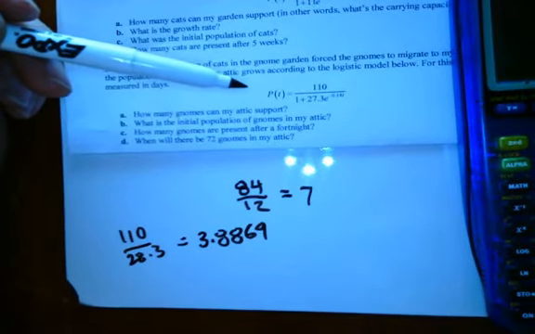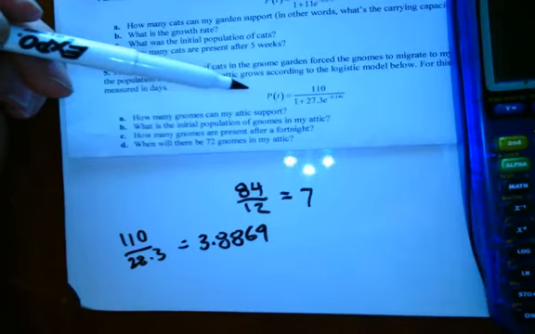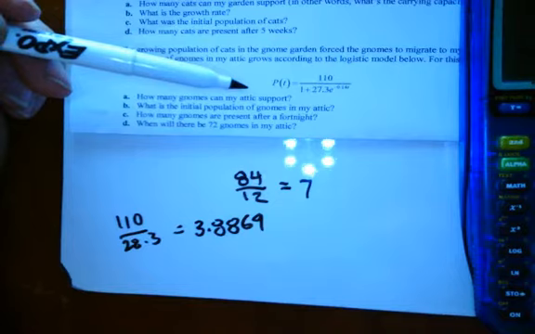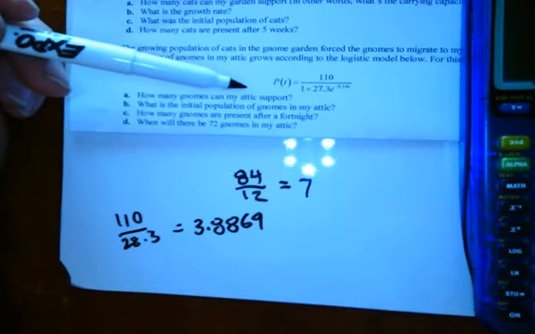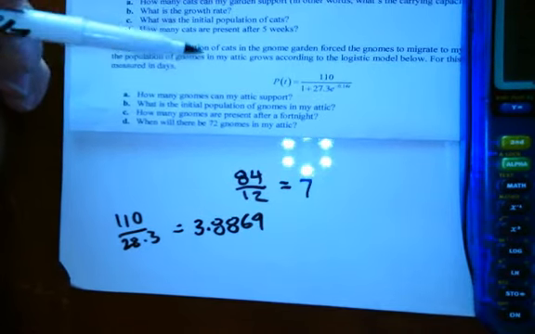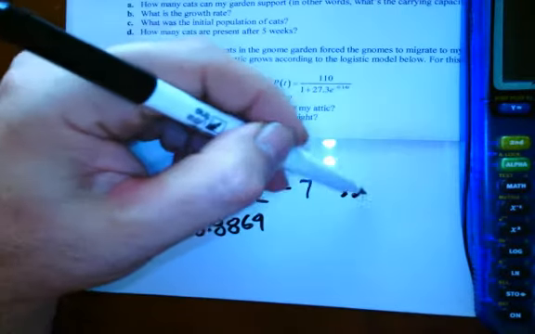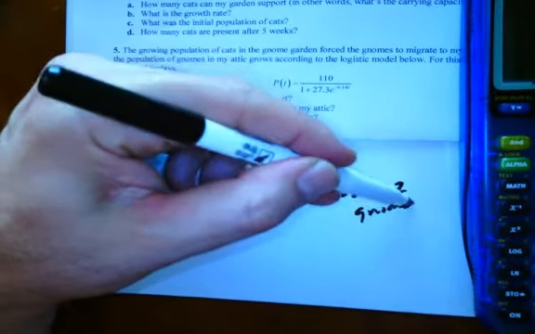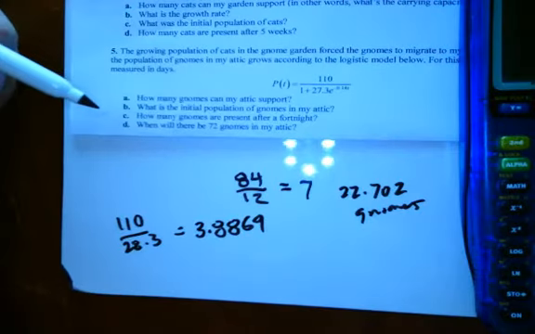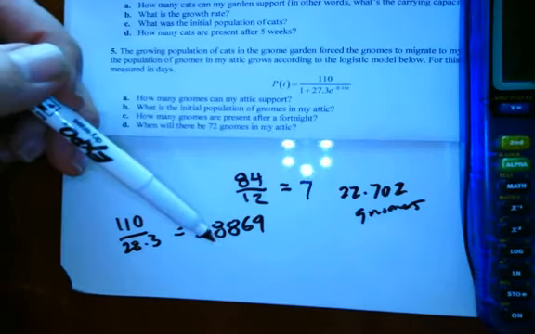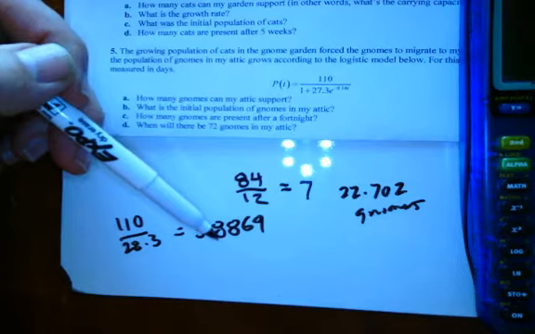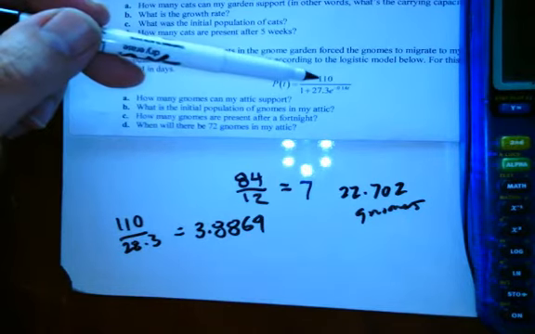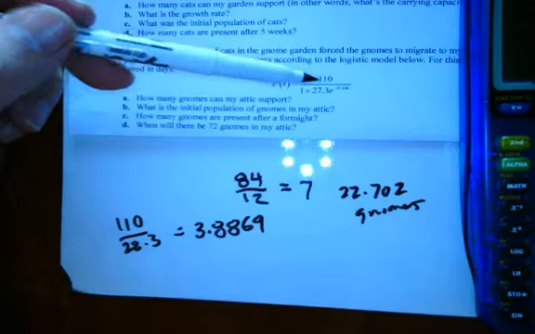So 14 times negative 0.14, e raised to that power, times 27.3 plus 1. That's my denominator. And now I want 110 divided by that number. And I get there will be 22.702 gnomes after 2 weeks.